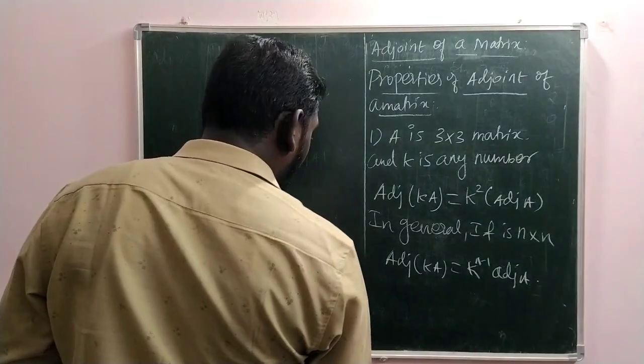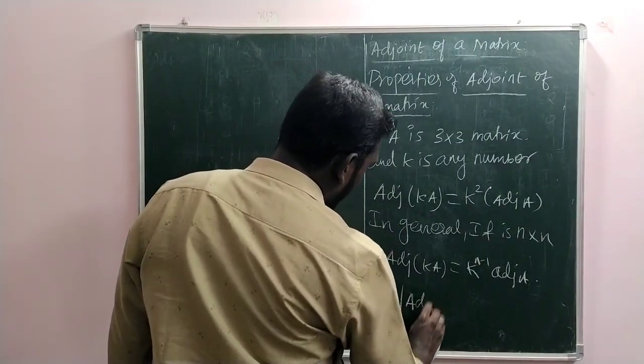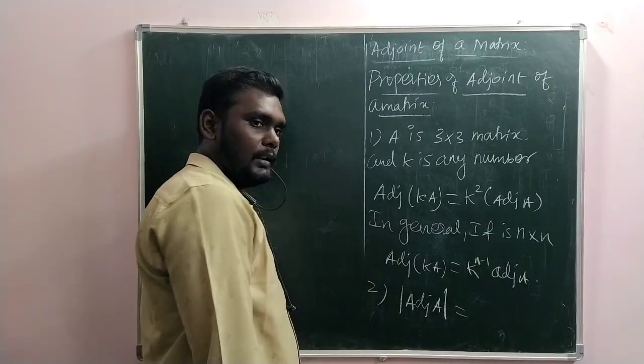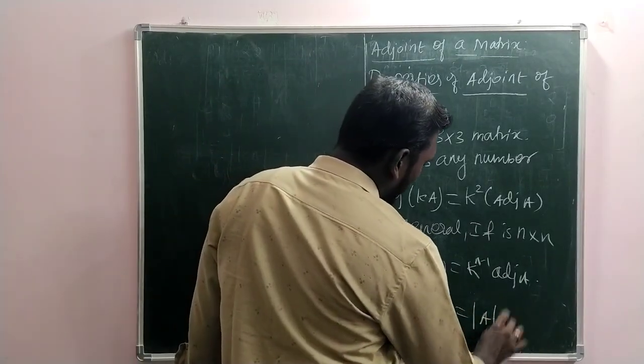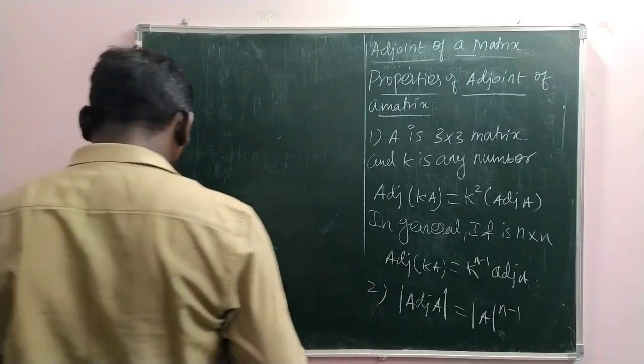And next, the determinant of adjoint of A. This is an important property. Determinant of adjoint of A will be determinant of A power n minus 1. Okay.